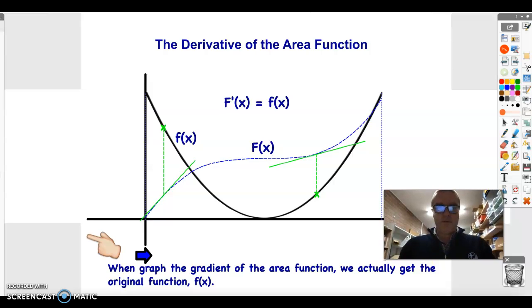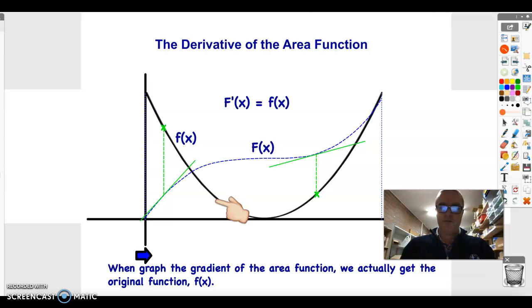Now the relationship between those two functions, small f and capital F, has another side to it. If we now take the new function that we've just graphed and analyse that function for its derivative or its gradient, the slope as we go from left to right, if we were to graph the value of that gradient, that value would be graphed with our original function, small f of x.